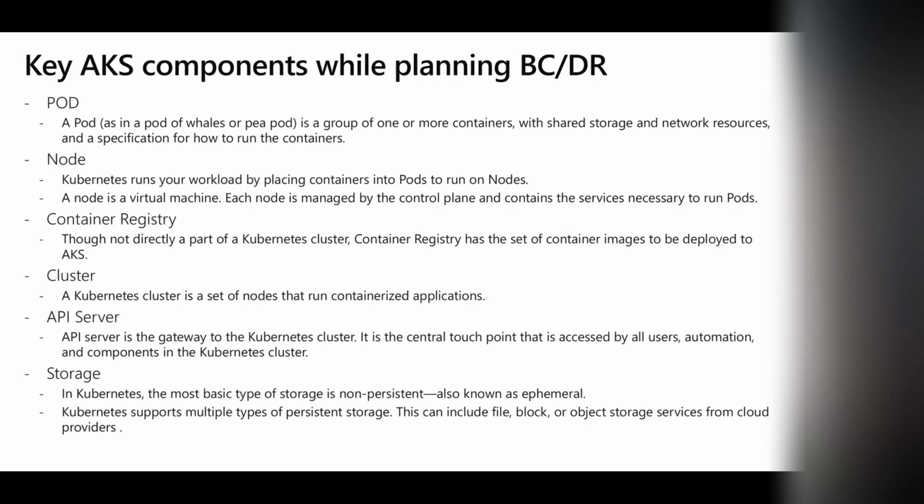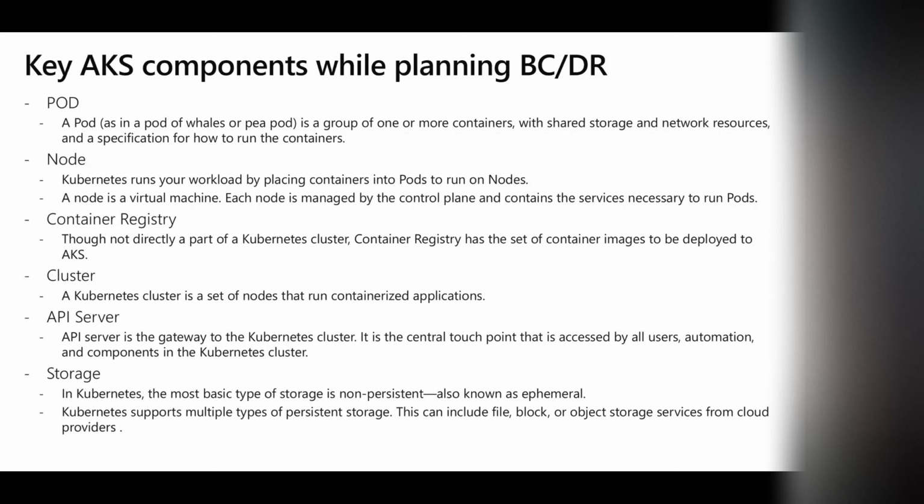A pod is the smallest component that runs your app. Once you deploy your application in AKS, it will run on one or more pods. It's a set of containers that runs your application.